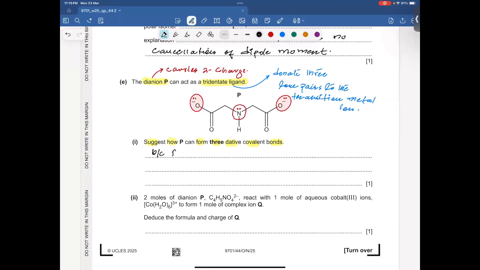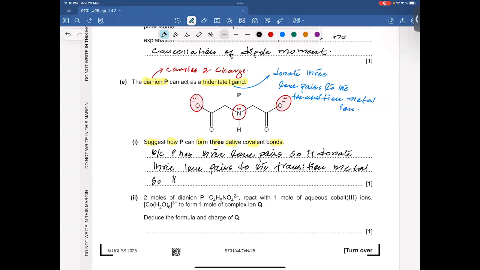Because P has 3 lone pairs, so it donates 3 lone pairs to the transition metal ion. So 3 dative bonds are formed.